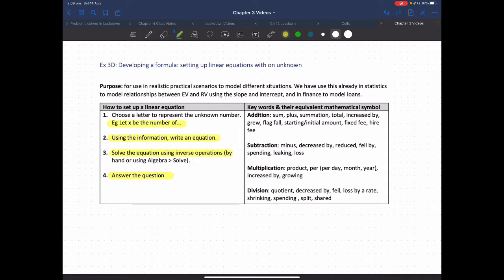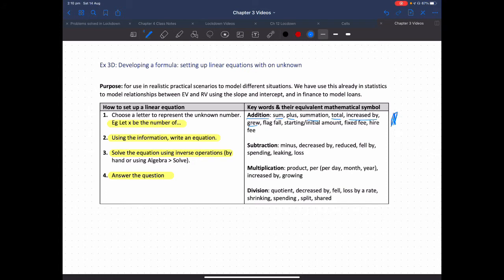There are a number of words you need to be careful of. You're going to be dealing with things like addition. Now, with addition, we know things like sum, plus, summation, total, increased by, grew. All these sorts of words can give you an indication that there is an addition involved.